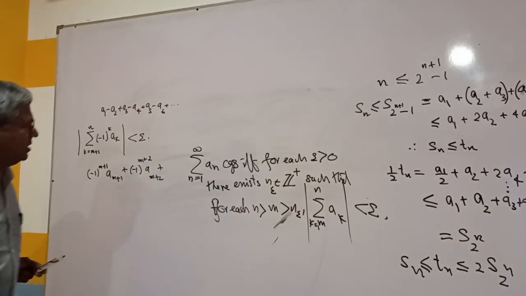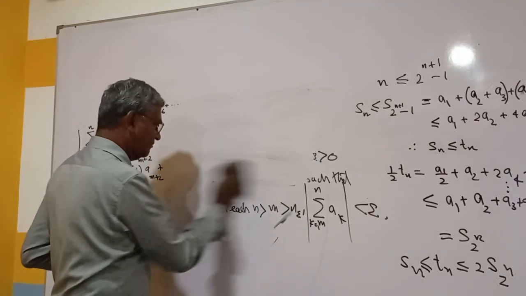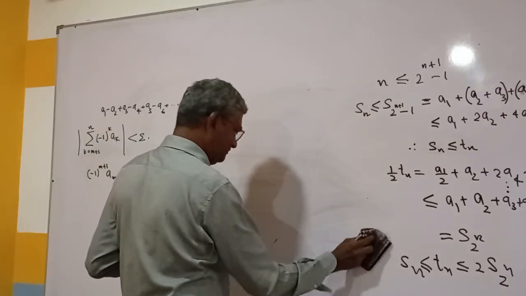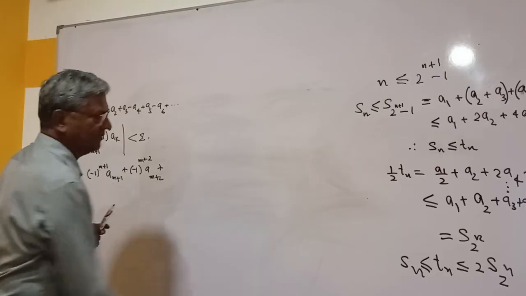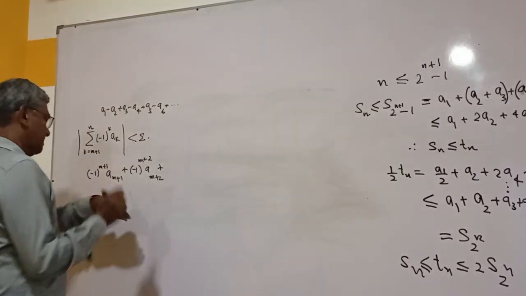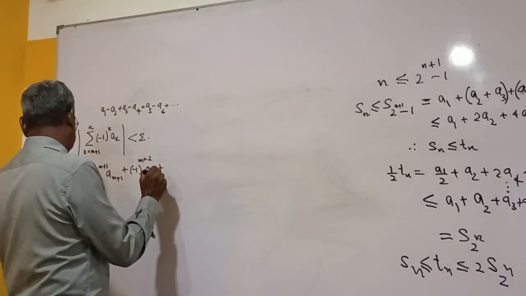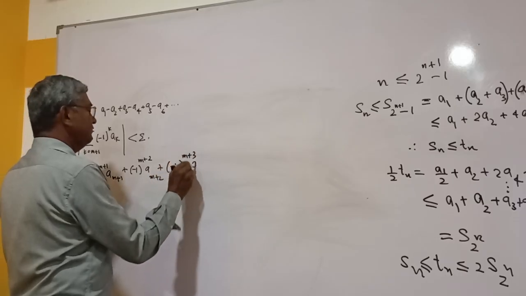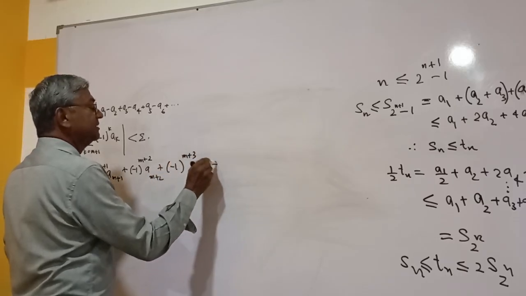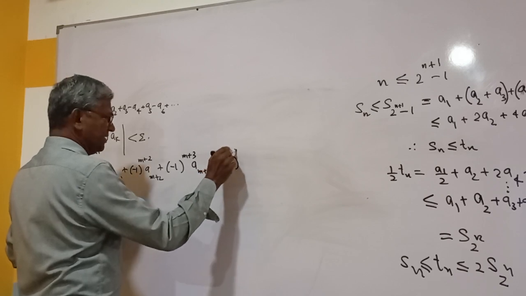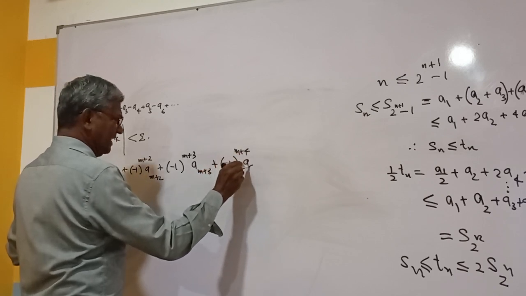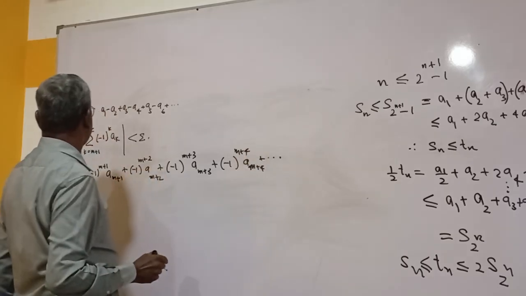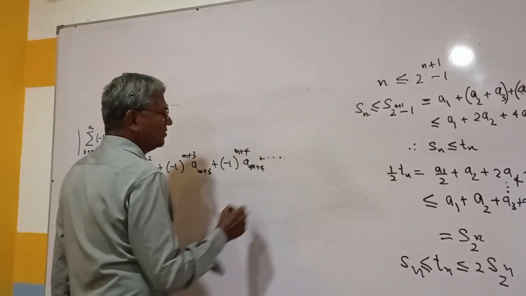plus minus 1 to the m plus 3, A m plus 3, minus 1 to the m plus 4, A m plus 4, bingo, up to minus 1 to the n.